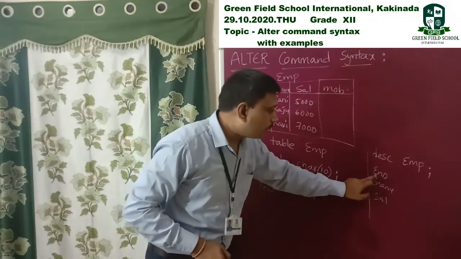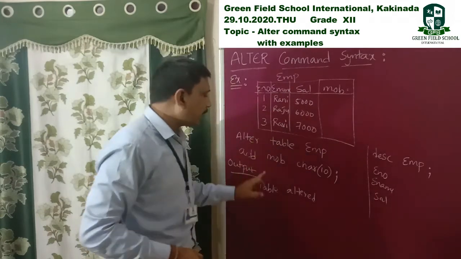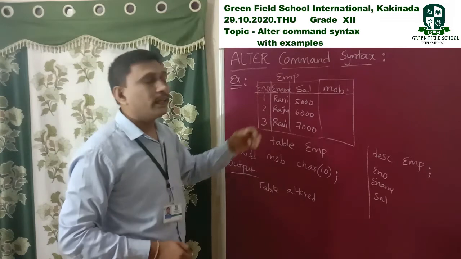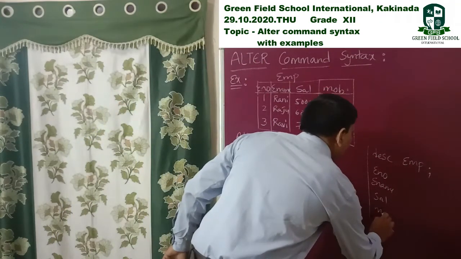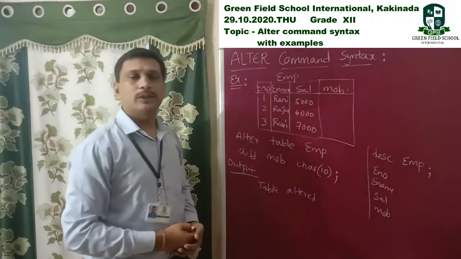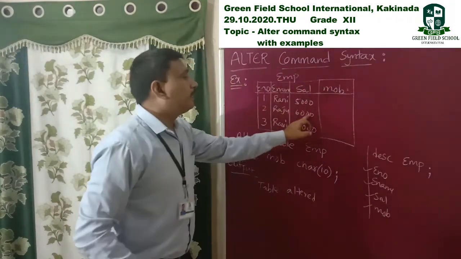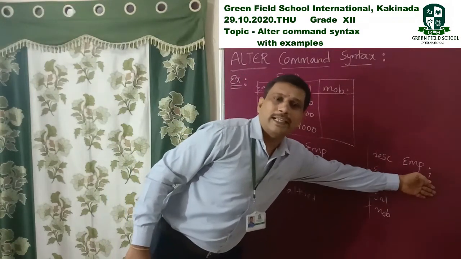Up to now it described 3 columns, but after adding this column to our database table, it displays one more column, that is mobile number. So it displays a total of 4 columns with their data types, sizes and constraints.